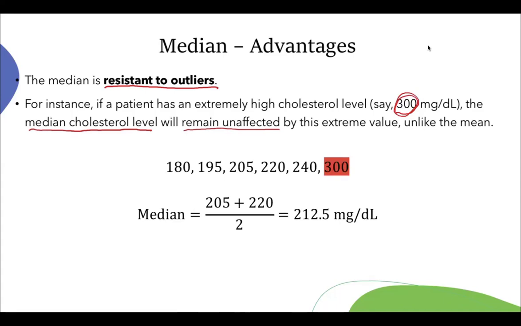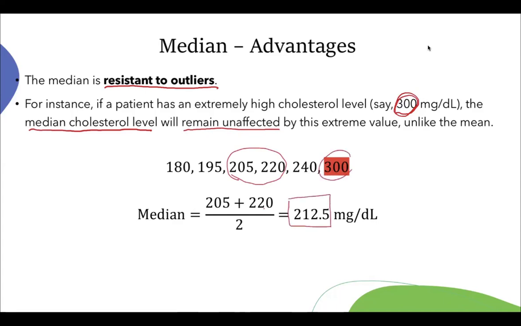Let's take away that 245 and change it to a 300. So we now have this extreme value in the data set. The median is still the average of the center two. 205 plus 220 divided by 2, the median is unchanged.